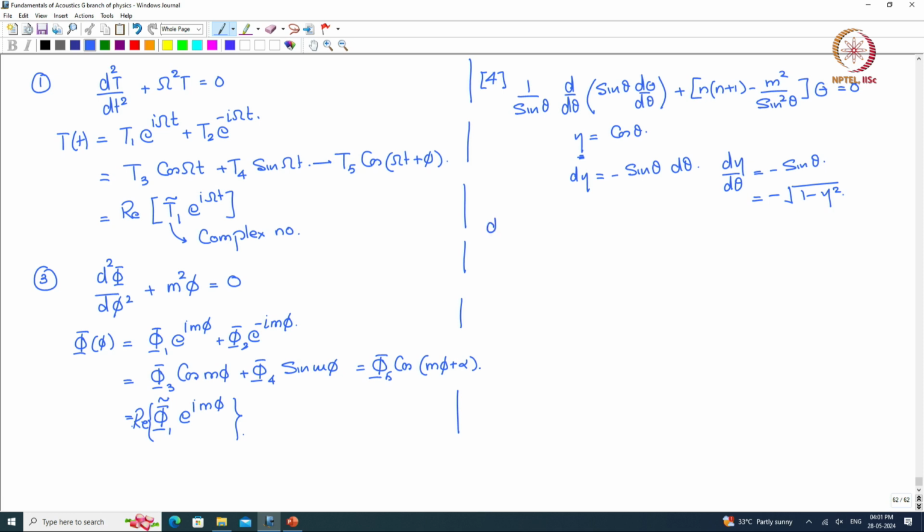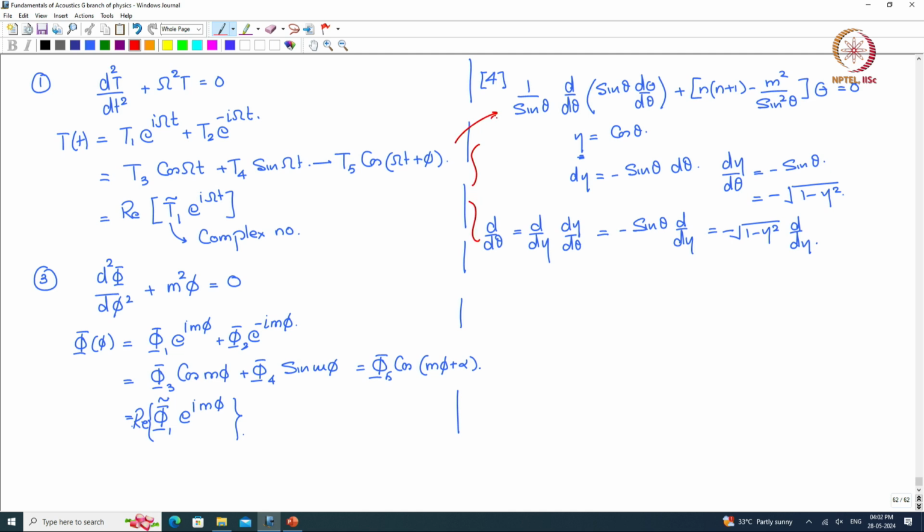So now d by d theta is equal to d by d eta into d eta by d theta, which means it is equal to minus sin theta d by d eta, or minus square root of 1 minus eta square d by d eta. So we are going to apply all these substitutions to this equation.